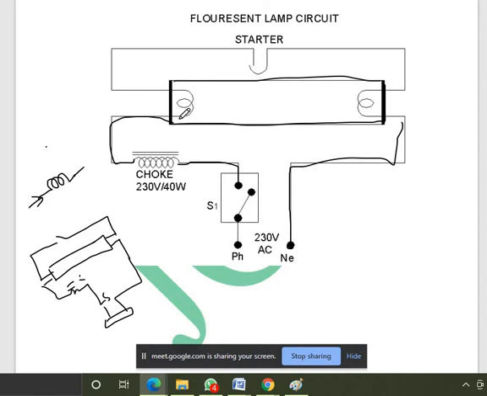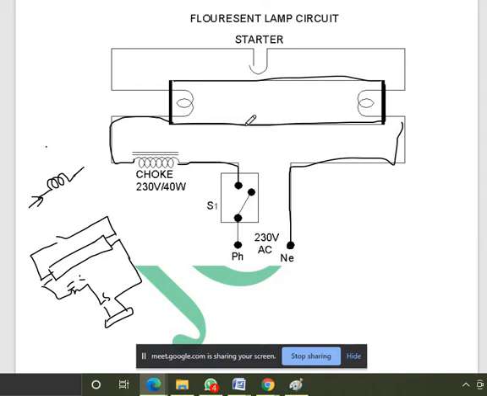Nowadays all tube lights have an electronic choke with 2 inputs and 2 outputs, which is different from the older commercial tube light. We are studying the older ones first, and then we go for the new technology.